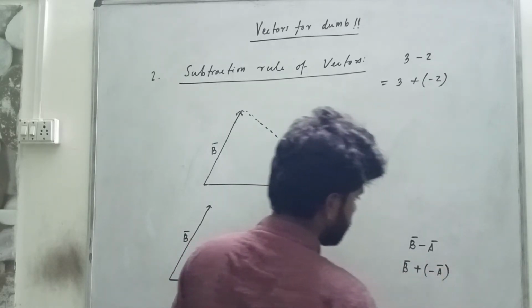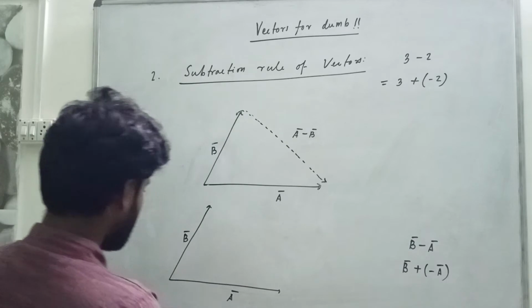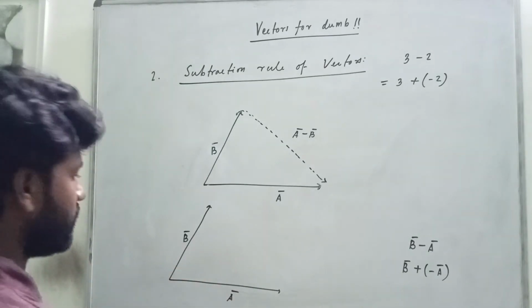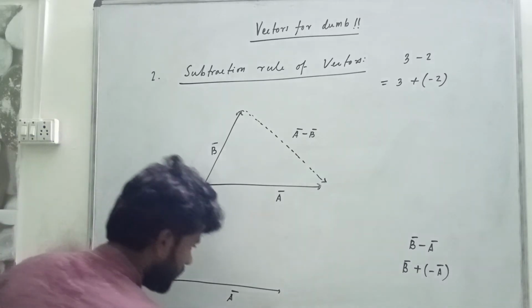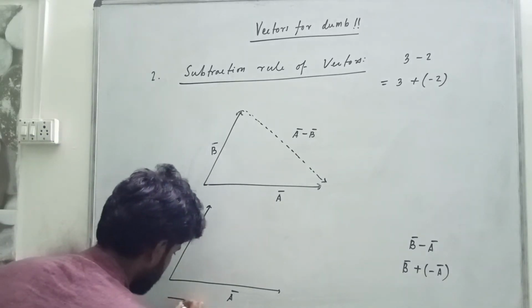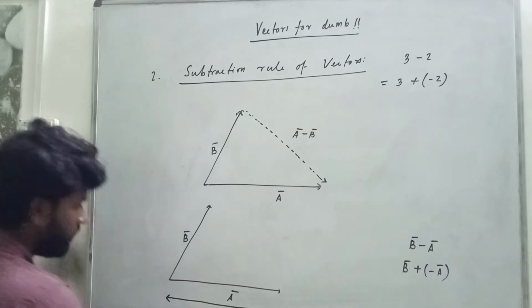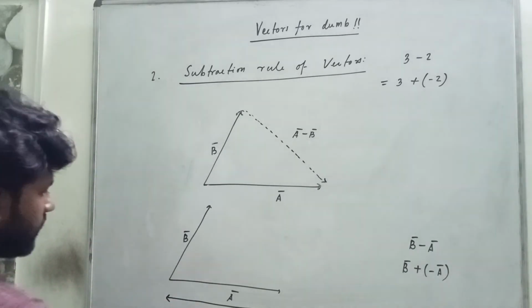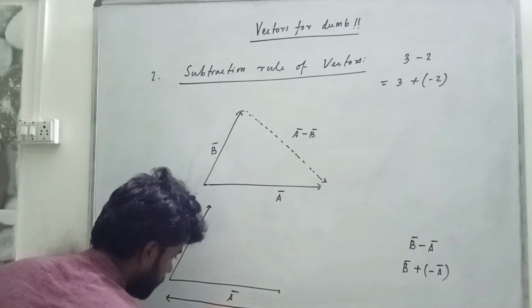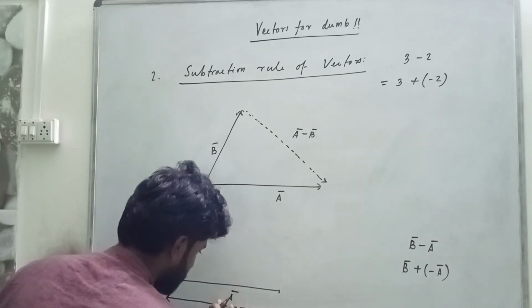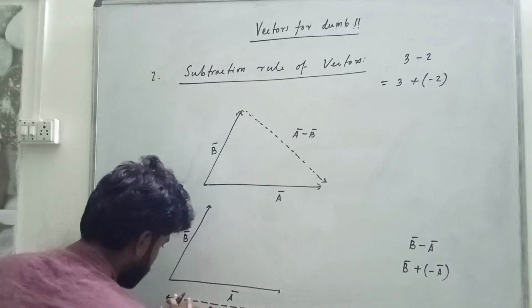Okay. So first of all, if it is A, then just draw the minus A here. Obviously the length will be the same, but the direction is just opposite, right? It is our minus A. Okay, just dot it here, right?